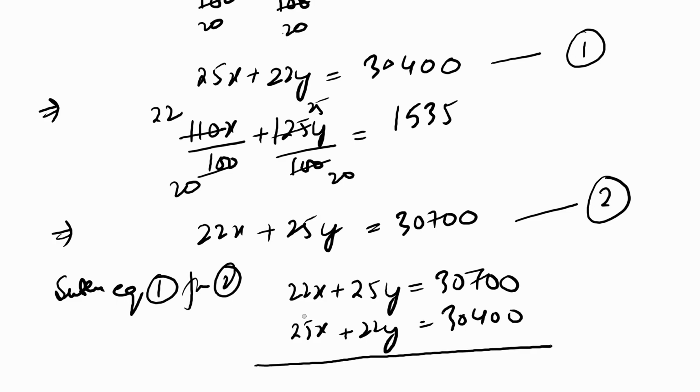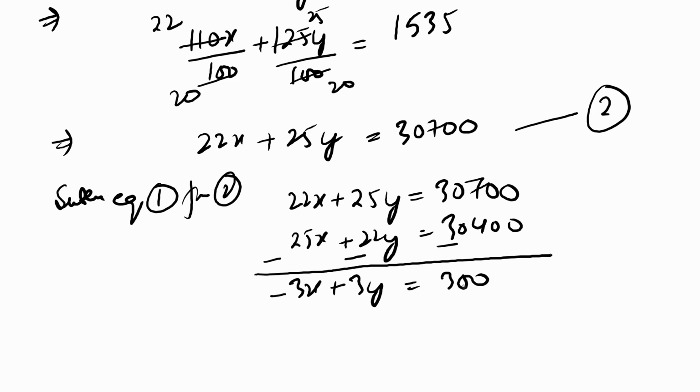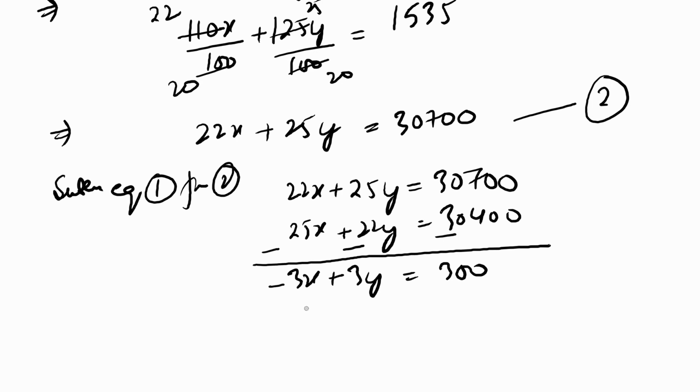Now if I subtract, it will become minus 3x plus 3y is equal to 300. If I further simplify it, I will get minus x plus y is equal to 100. Okay. So one is this: minus x plus y is equal to 100.